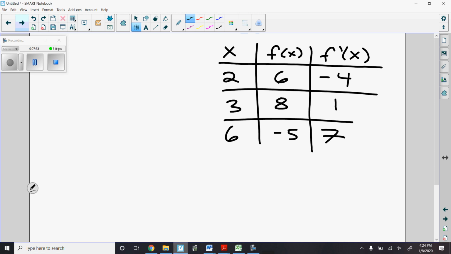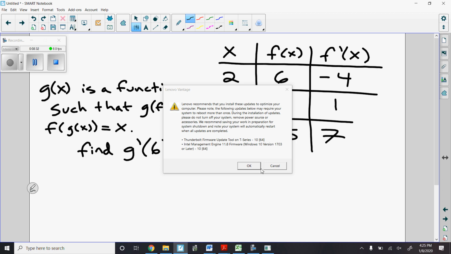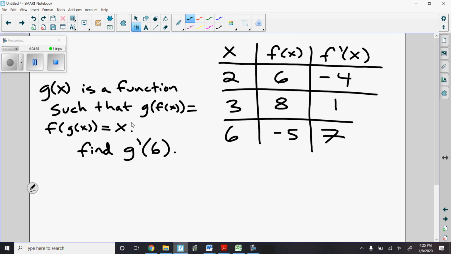Here's the type of problem they might see. We have g of x is a function such that g of f of x equals f of g of x equals x.